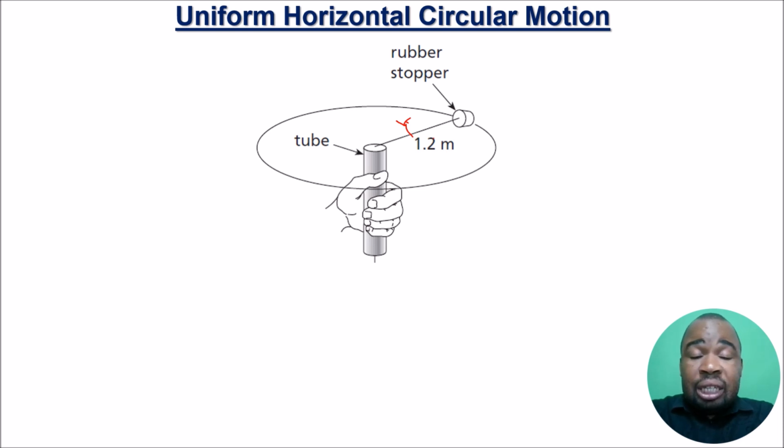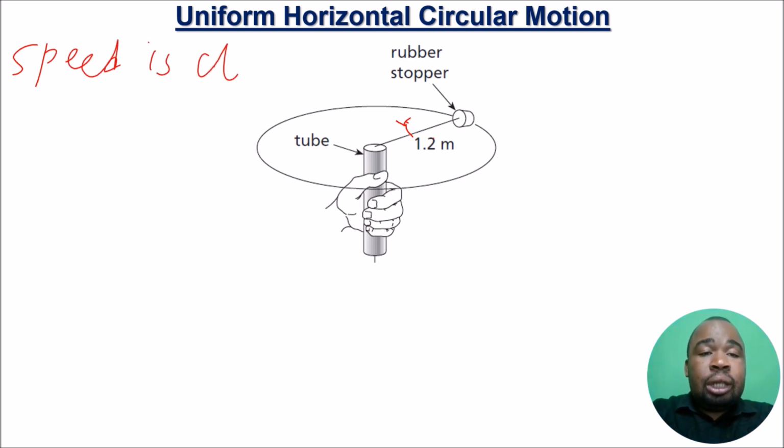So in this case, the radius will be 1.2 throughout the course of the movement. And we also say the speed is constant. It's not changing, though velocity is constantly changing. Why? You may have to watch part 1 to get those explanations.